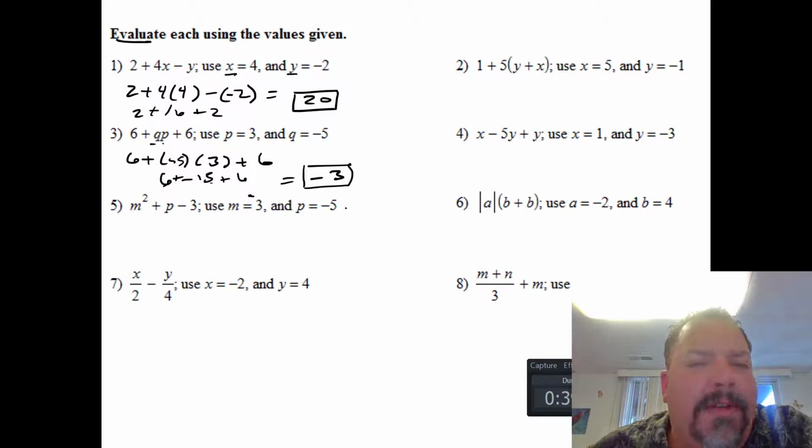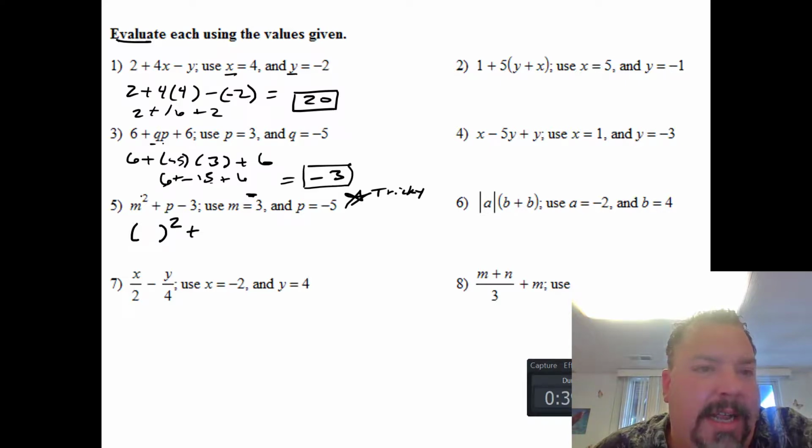Number 5, I'll put a little star by. So these ones can be a little bit tricky when you have an exponent. And to show you why, I'm going to change this from the slide to make this a -3. So I want to use m as -3 and p as -5. Now, if you listen to what I said, you will get this correct, because if you take out the m, put a parenthesis, then we're going to square that, and then we've got p, which is -5 minus 3, and for m, we're going to put in -3.